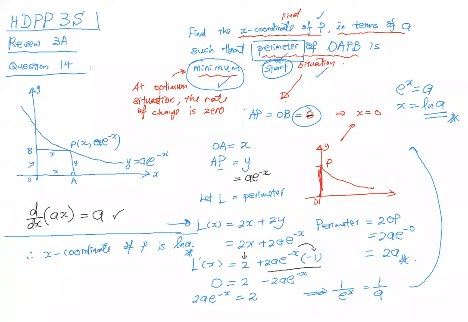Do you have to state that it's at a minimum? Yes, I have to. How to state that is the minimum? So if I say x coordinate of P is ln a, so that the perimeter of OAPB is minimum.